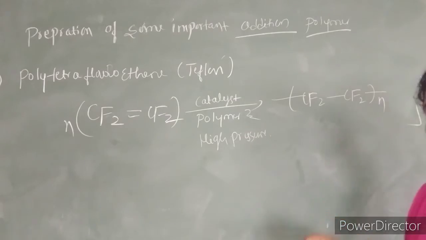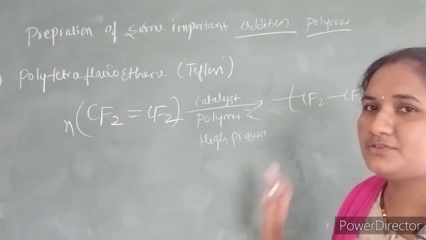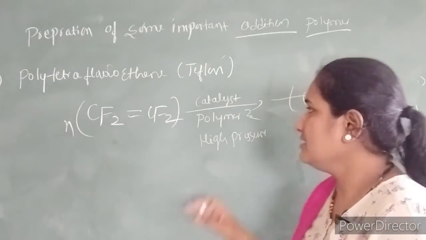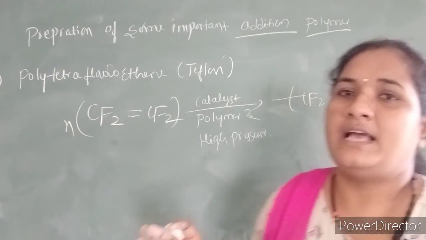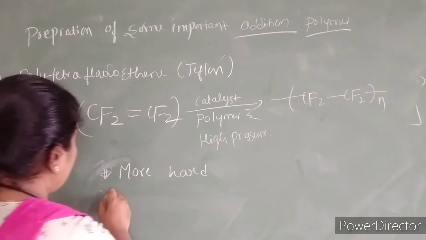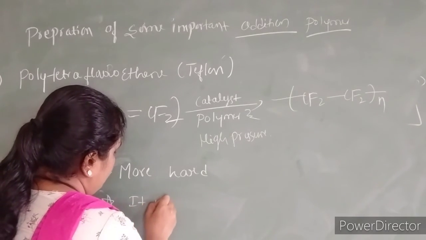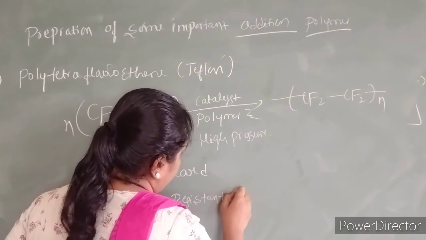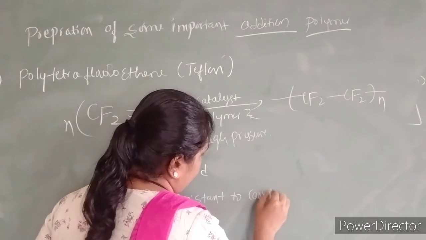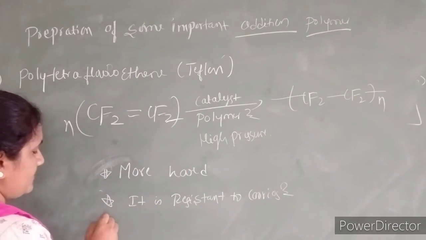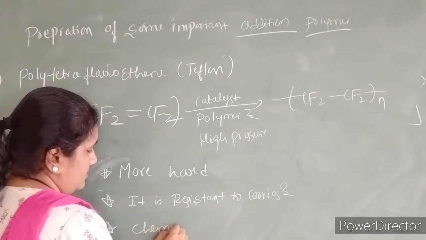We already know this Teflon is usually used in the manufacture of cooking utensils because it is very hard. As a result, we are able to prepare cookware utensils. It is resistant to corrosion, and it is chemically inert in nature.